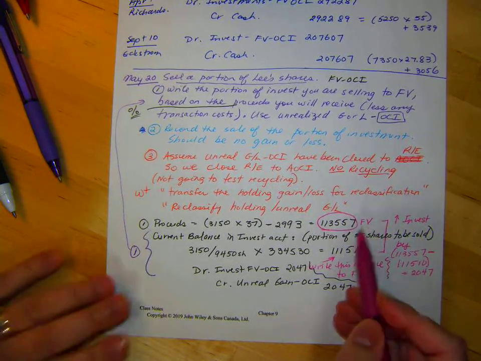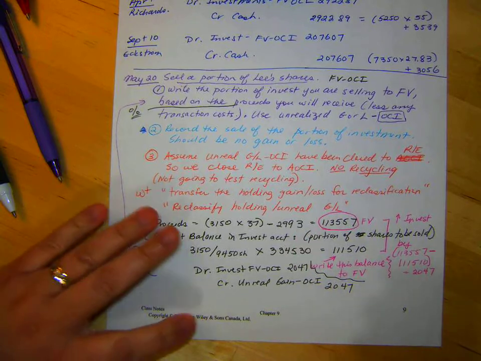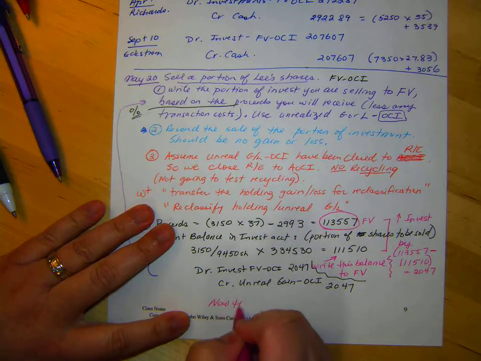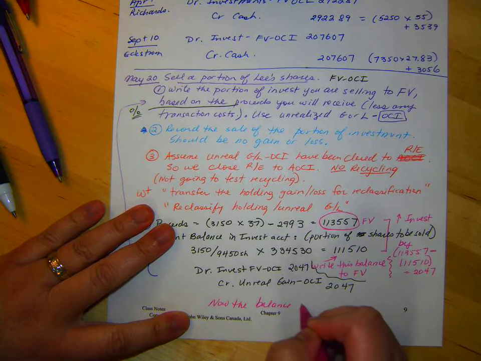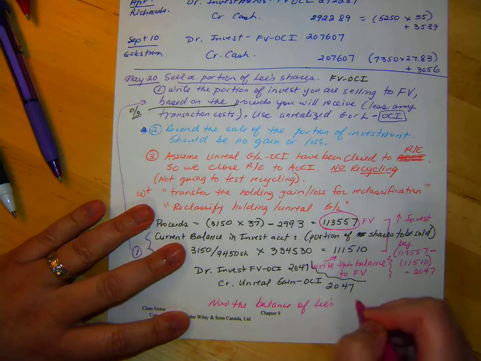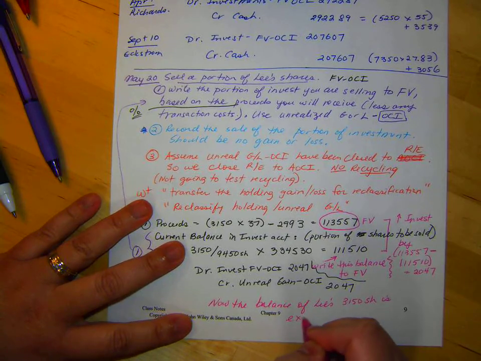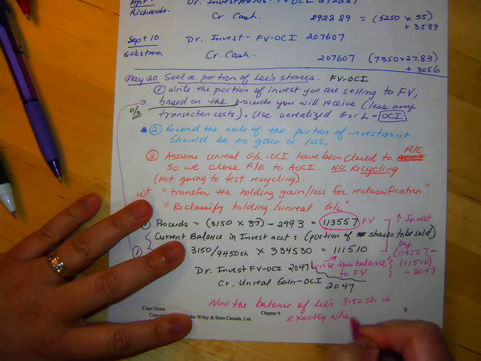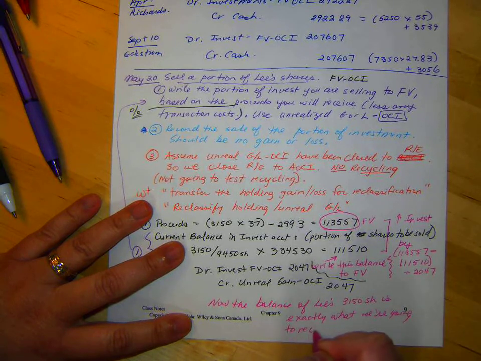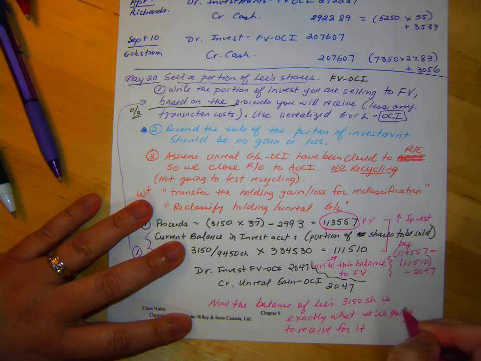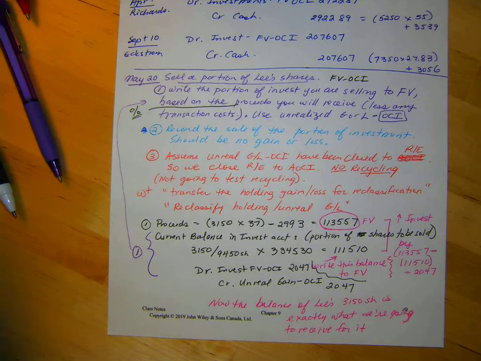Okay, so the balance is exactly what we're going to get. So now the balance of Lee's 3150 shares is exactly what we're going to receive for it. So we can continue with this little process.